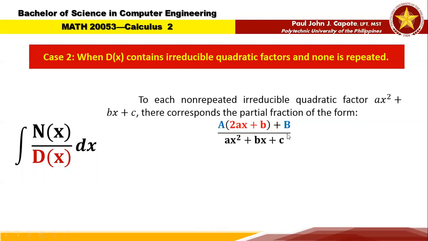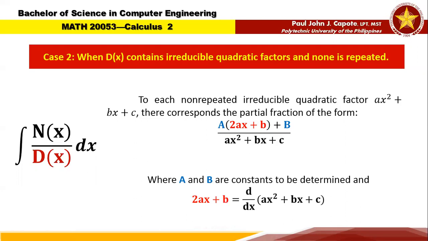Take note, this form is the corresponding partial fraction of the term containing a non-repeated irreducible quadratic factor ax squared plus bx plus c. In short, this is only applicable if the proper rational fraction contains a non-repeated irreducible quadratic factor.